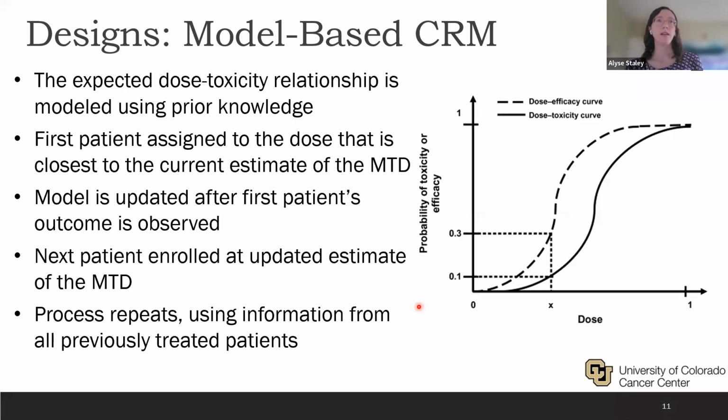The model is then updated based on the first patient's observed outcome, and the next patient is enrolled at an updated estimate of the maximum tolerated dose, or MTD. This process keeps repeating after each patient until all information from all previously treated patients have been used. So you're updating this continuously and never throwing out any information.